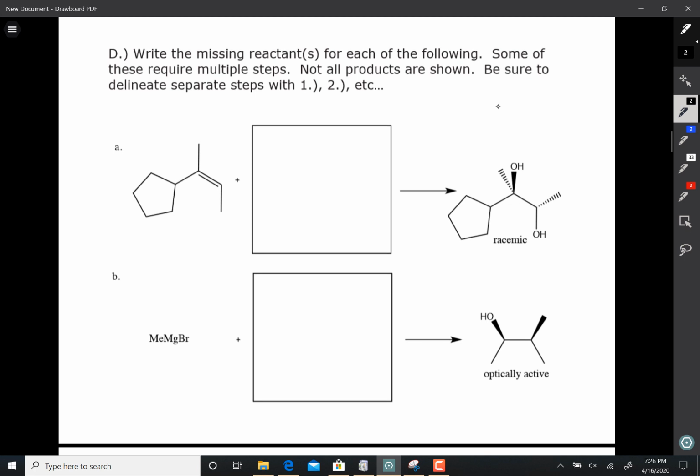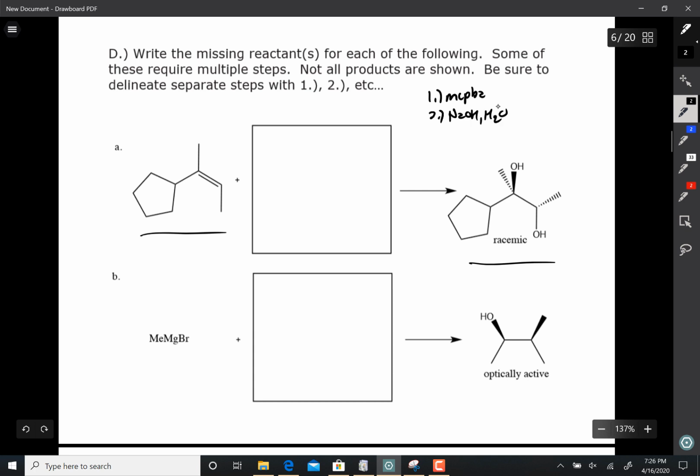Okay, drawing the missing reactants. Here we have a molecule of this alkene going to this diol. Well, we have two ways of adding two OHs across an alkene. One way is MCPBA followed by sodium hydroxide and water.